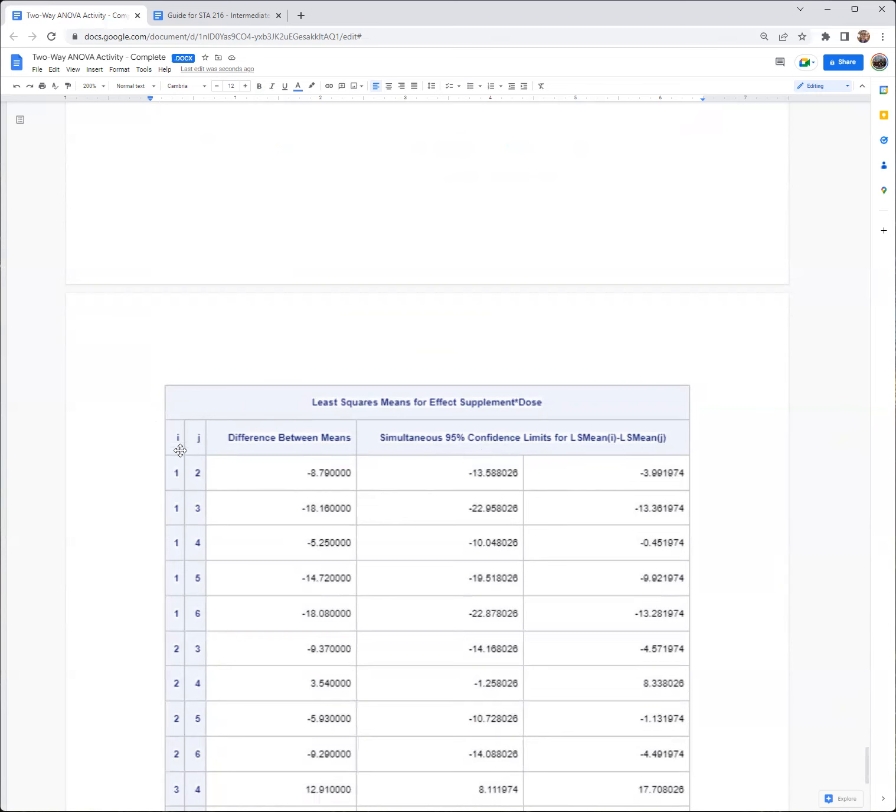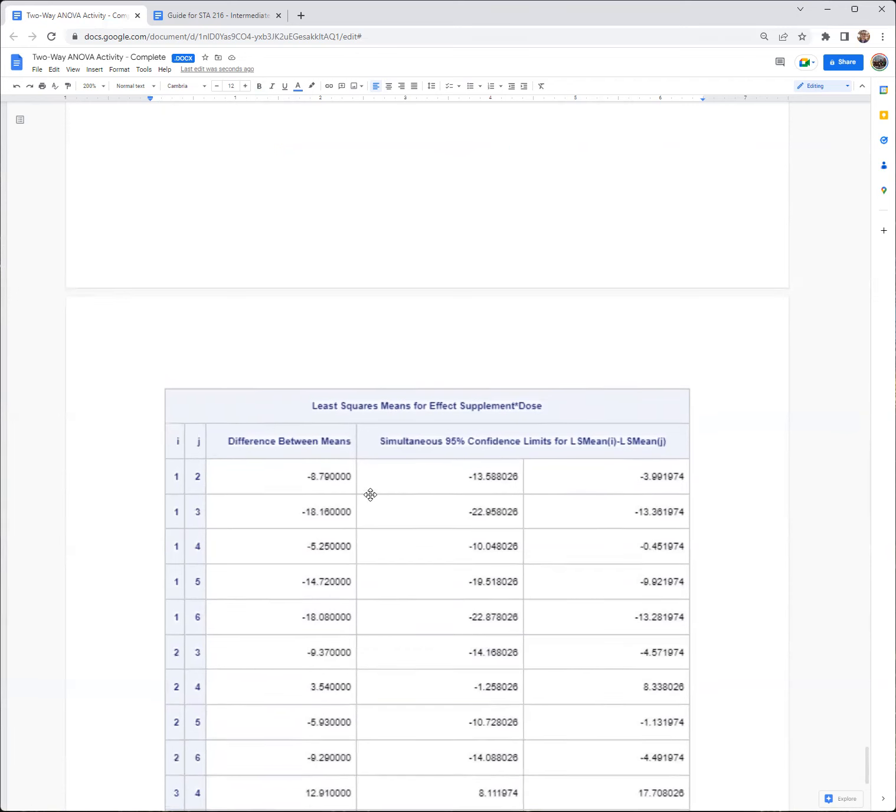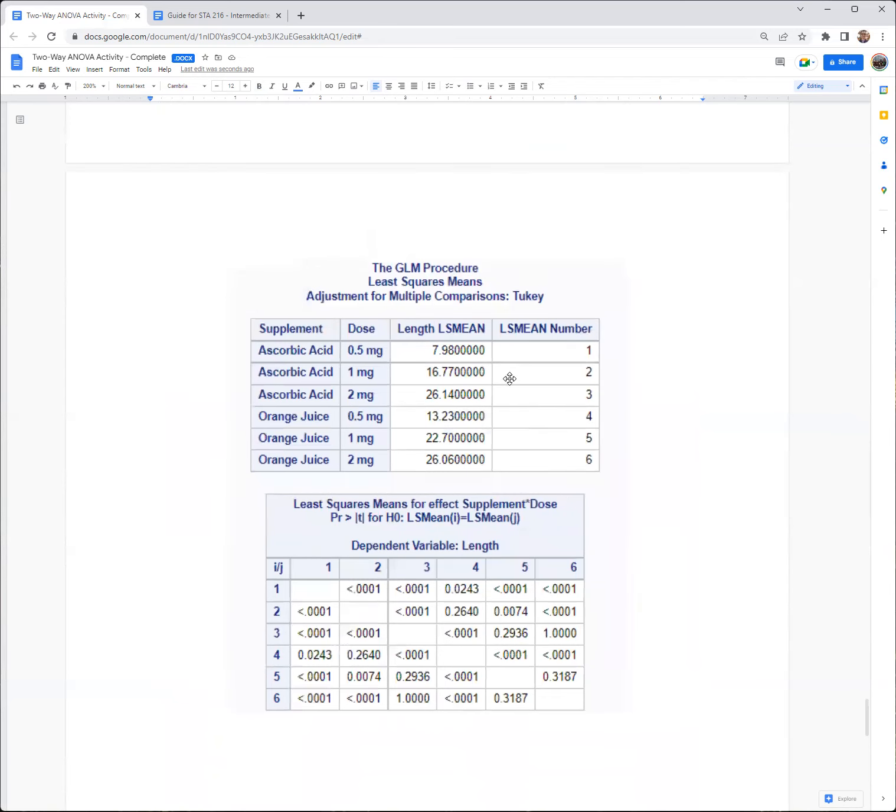So SAS does group 1 minus group 2. If that was negative, that means group 2 was bigger. That's one way to check. Maybe an easier way is you can look at the sample means for each group and see which one was bigger.